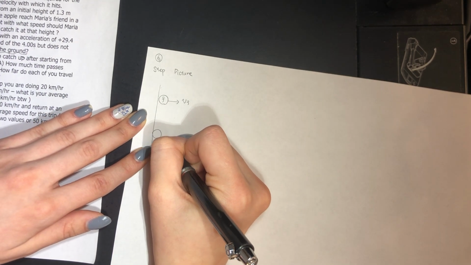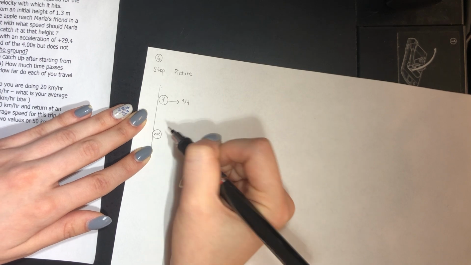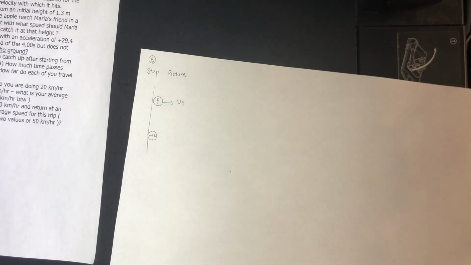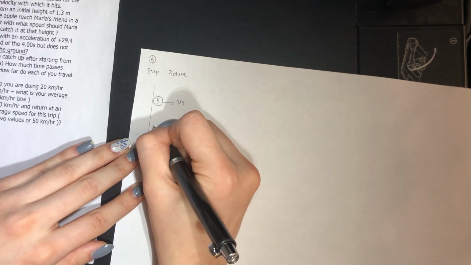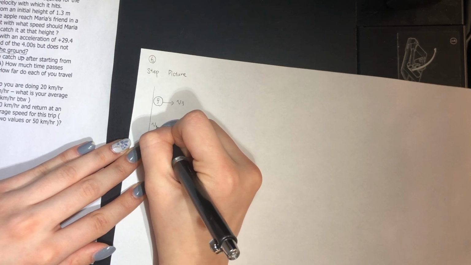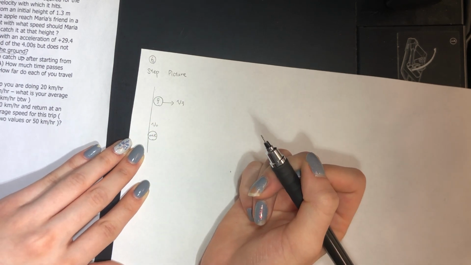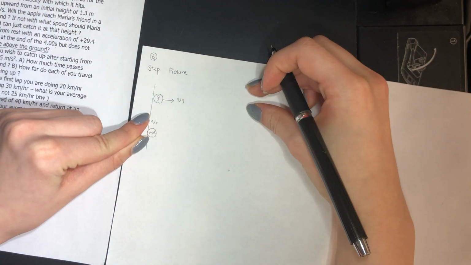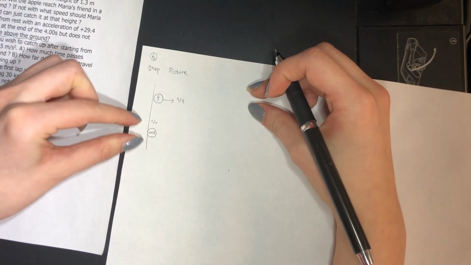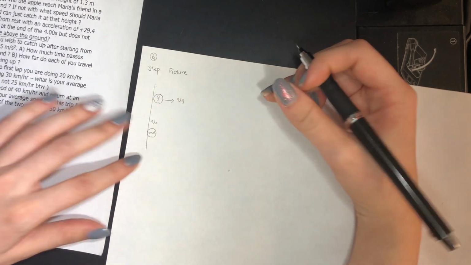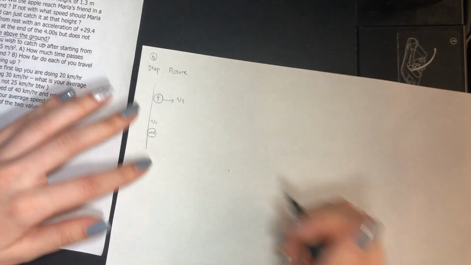Here we are, I'm going to call this me, and what is our initial velocity? It's 0, right? But they're moving by us like this, and we want to catch up. We're starting from rest, so we need to accelerate to catch up to our friend.